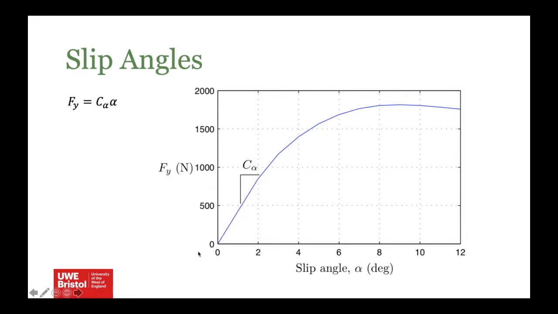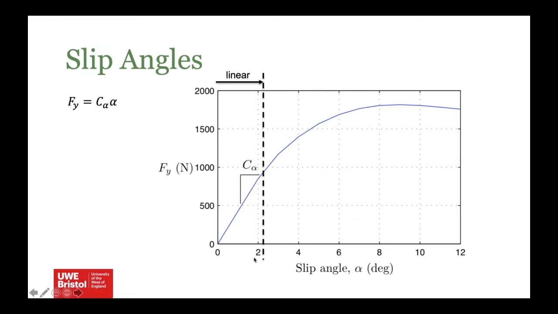What we're doing in this module up to this point is assuming that tyres are linear. If you choose to do motorsport performance next academic year, we'll actually discuss how you deal with the non-linearities of tyres. But at the moment, we're just going to deal with the linear stuff.